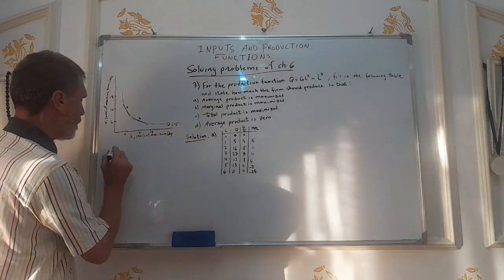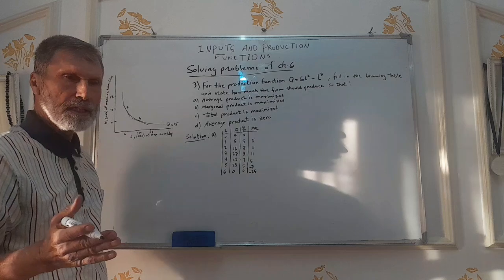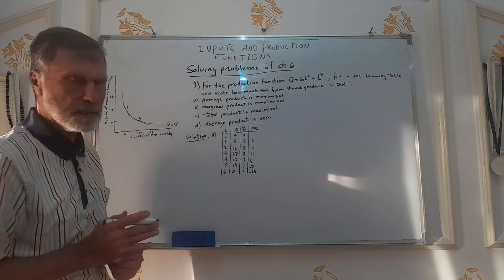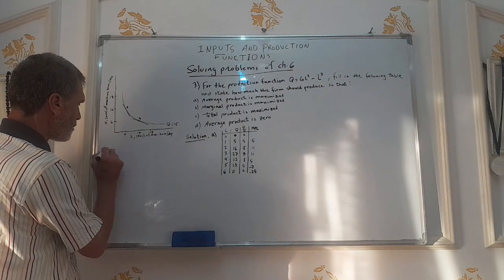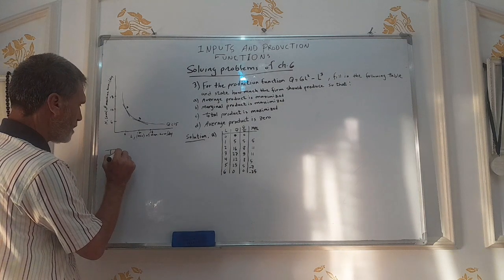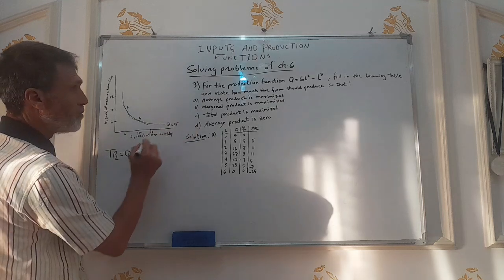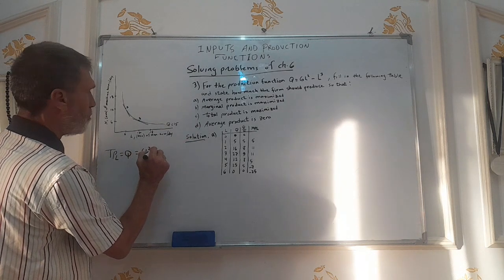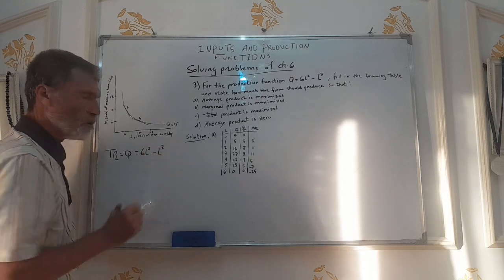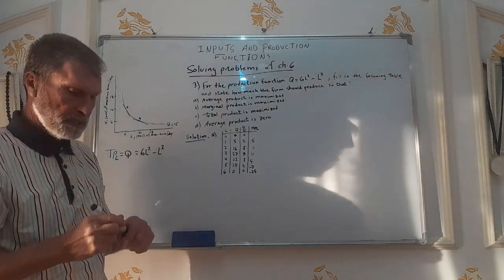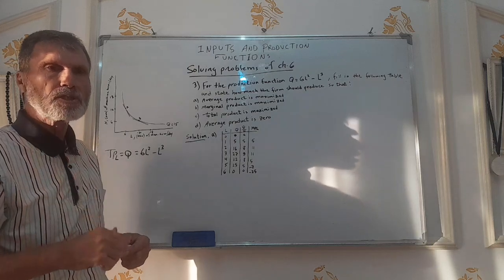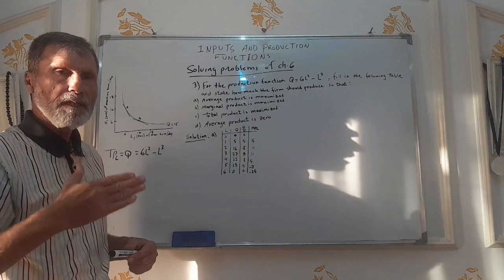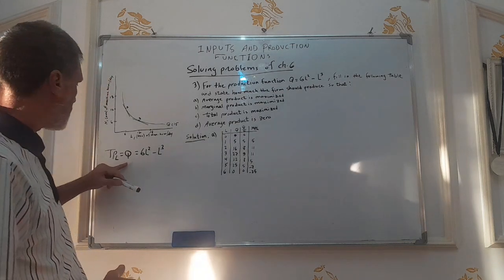Because labor is the only factor of that production function, it is called the total product of labor. So the total product of labor is the same as Q, which is 6L squared minus L cubed.